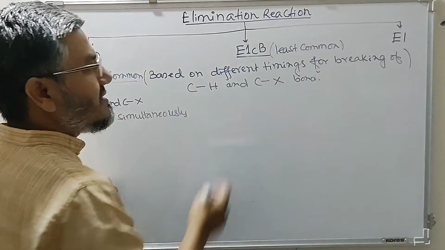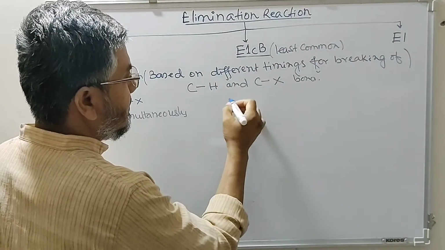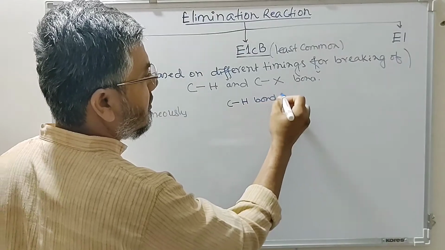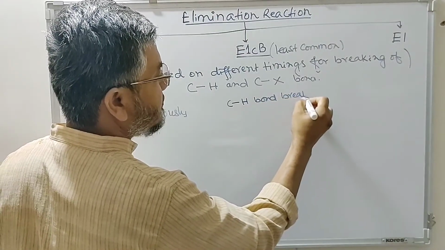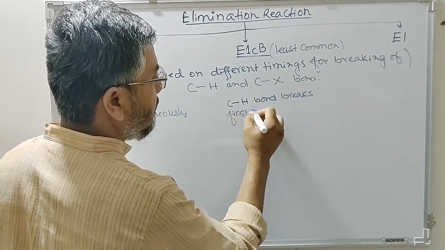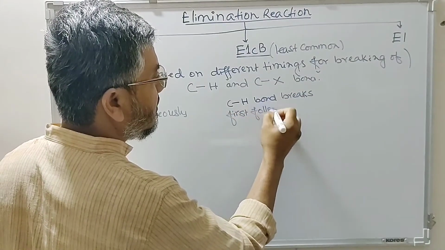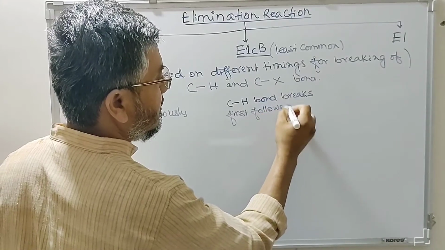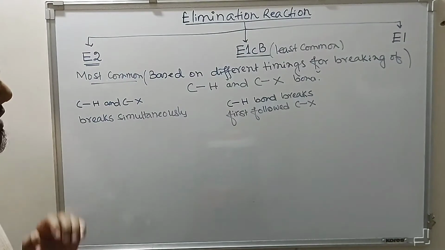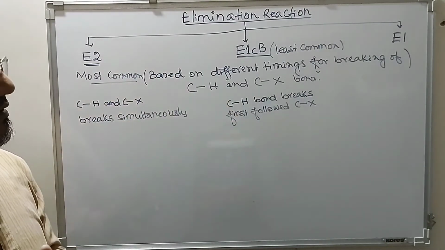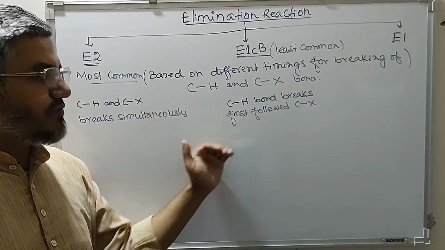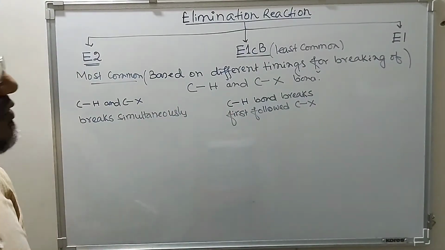Now in E1CB, the carbon-hydrogen bond breaks first, followed by the carbon-halogen bond. So in the second pathway, that is E1CB, first the carbon-hydrogen bond breaks, followed by the carbon-halogen bond.